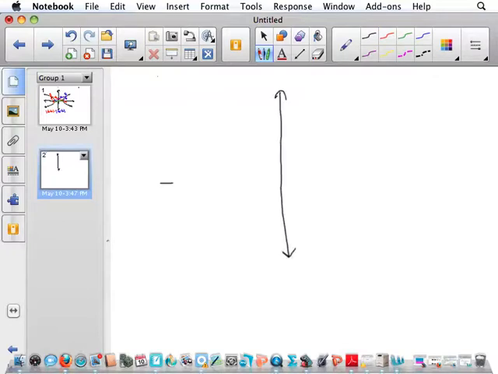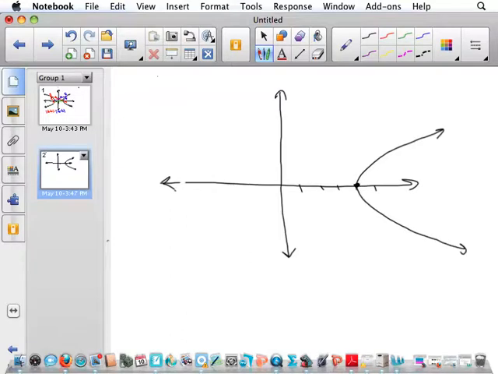So again, I'm going to have a hyperbola, and I'll have those vertices at (4, 0), and then the foci at (5, 0). I'm going to put endpoints here. Okay, so this is a sketch of a hyperbola.